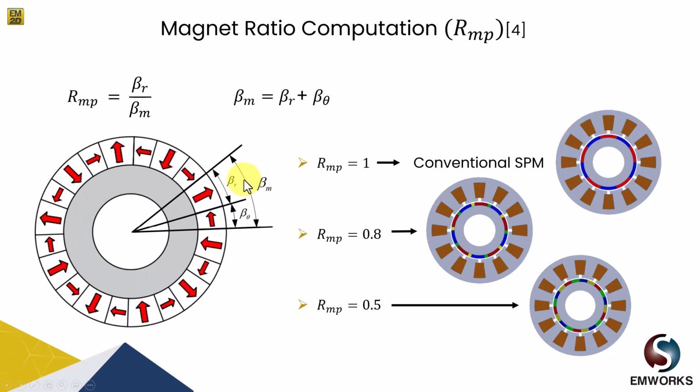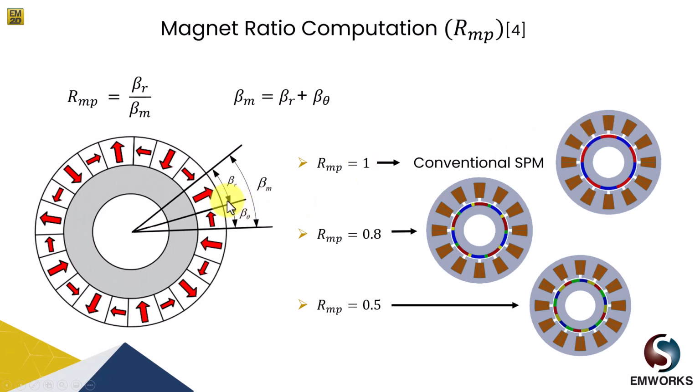Now if you take the ratio of this radially facing PM over the total arc of the magnet, that gives you the ratio. So if we choose this RMP value as 1, which means beta R over beta M is 1, it's nothing but a conventional surface PM radial flux motor.